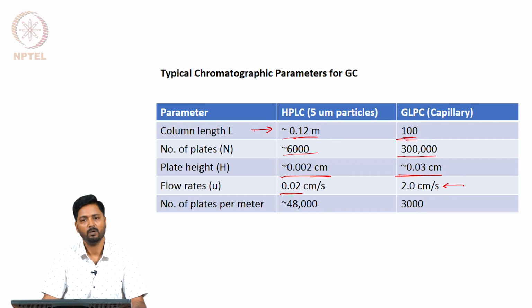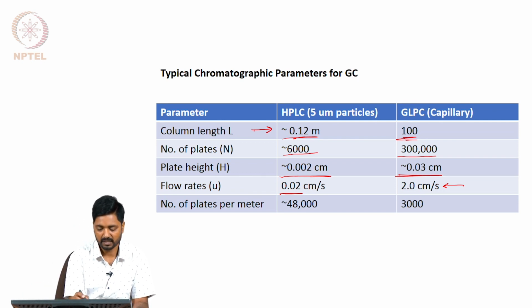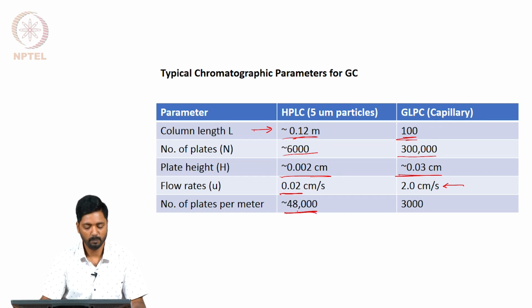Now, we can derive an interesting parameter which we call the number of plates per meter of the column, although that is a number that we just crunch out. It has no real meaning because the column lengths are very different. However, when we do this, we find that the liquid chromatography systems have a much larger number of plates per meter compared to the gas chromatography systems.